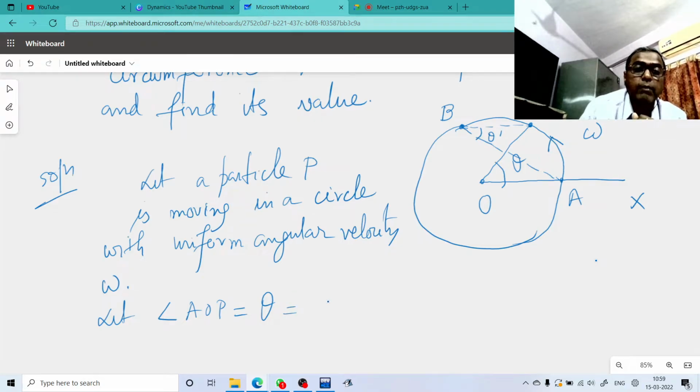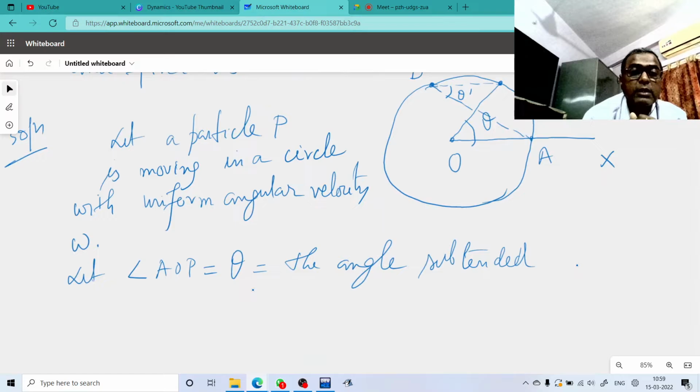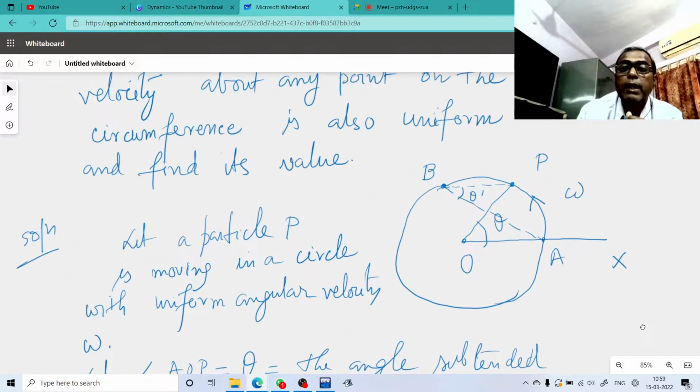This is the angle subtended at the center O by an arc AP. So theta is the angle by an arc. This arc is AP.